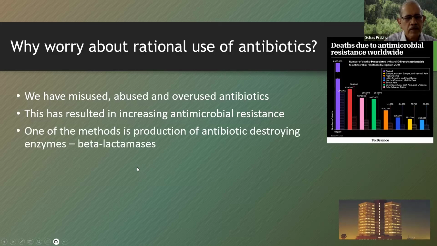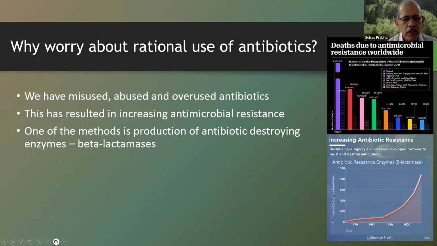What is the reason for this? The reason is because the organisms have developed methods of destroying the antibiotic by producing enzymes. And in case of cephalosporins, it's by an enzyme called beta lactamases. And as you can see on this graph on the right, of the beta lactamases that destroy beta lactams that bacteria are producing, we have identified almost 850 types now.